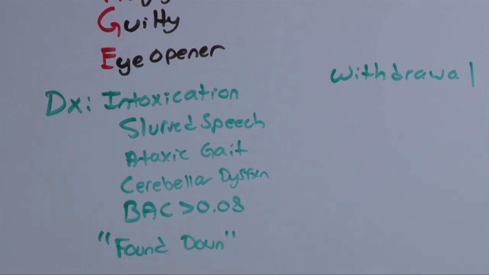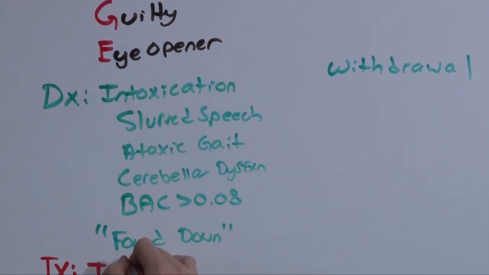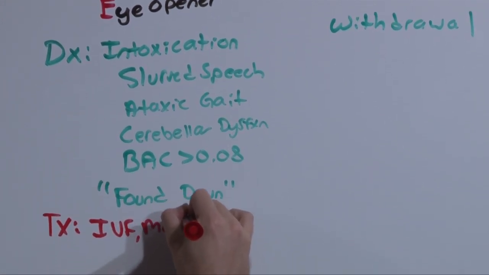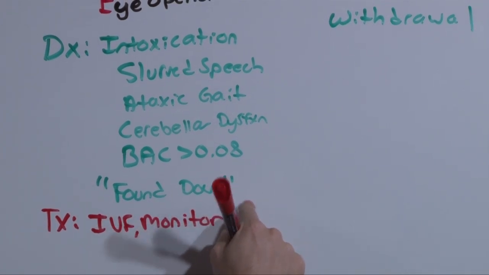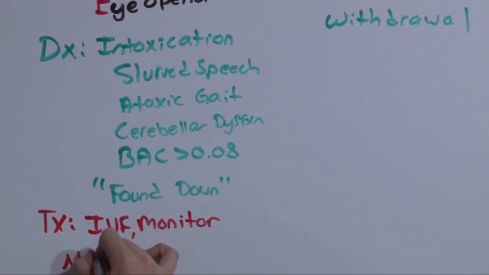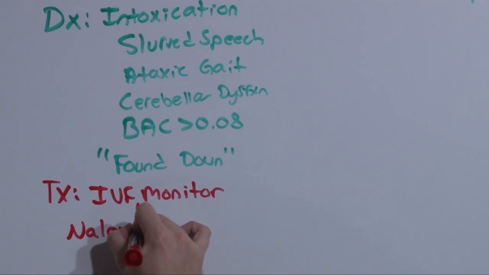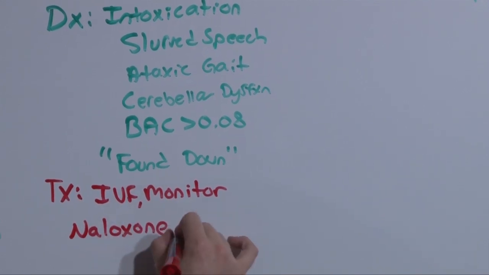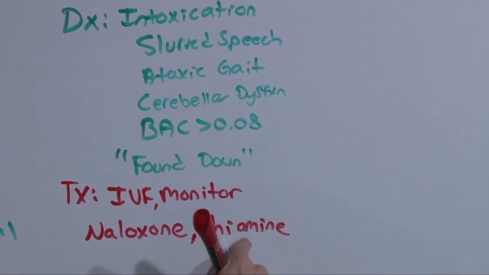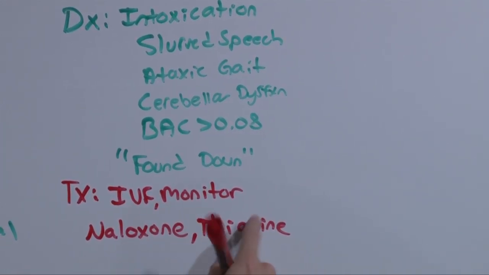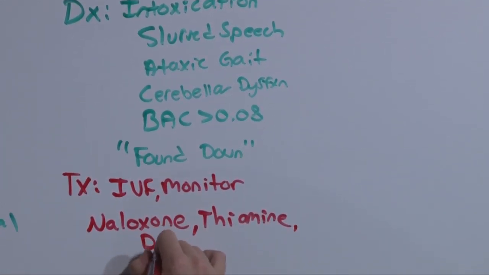To treat the acute intoxication is generally just intravenous fluids and monitoring, making sure they don't aspirate. But if they are found down, you can give the Coma Cocktail. The Coma Cocktail is naloxone to reverse any opiates that are on board, thiamine, because alcoholics generally run out of thiamine, and then D50.